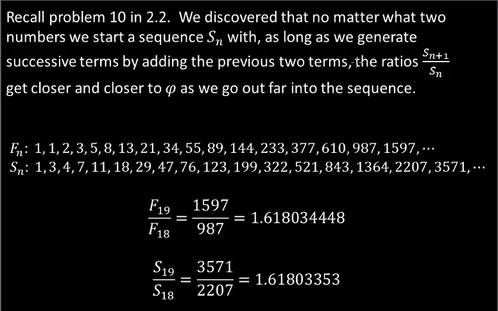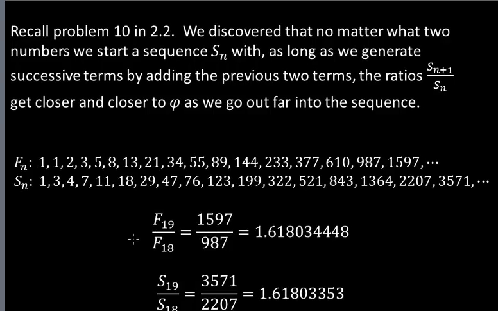And notice that if you go out to 19 terms, that the Fibonacci sequence, F19 over F18, we get pretty darn close to phi, and starting with 1 and 3, we also get very close to phi. This would be like starting a 1 by 3 rectangle and adding the largest square. It's just a geometric version of the same problem.